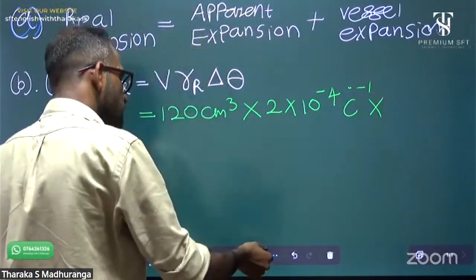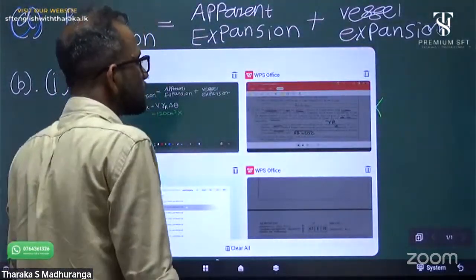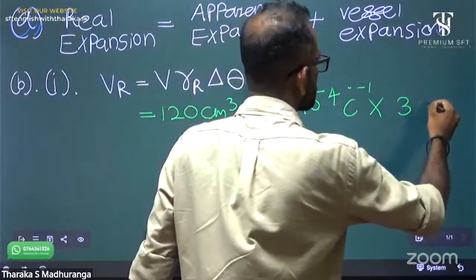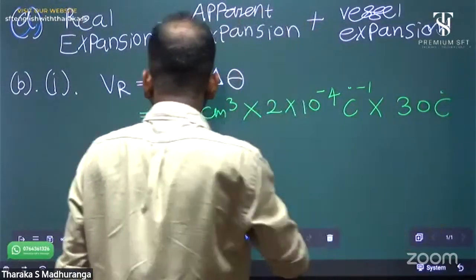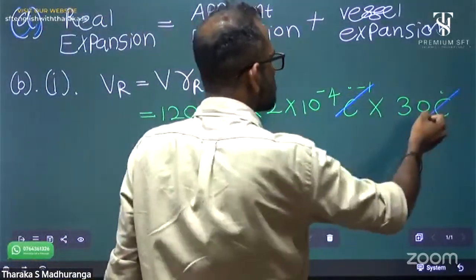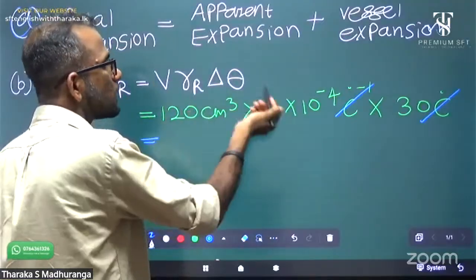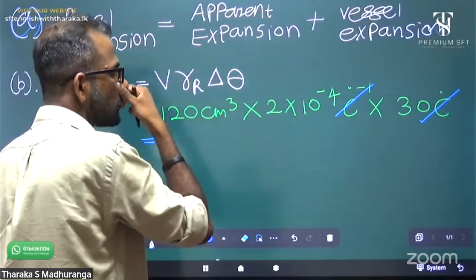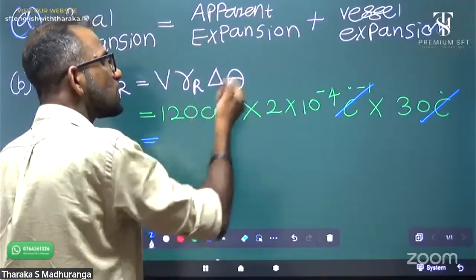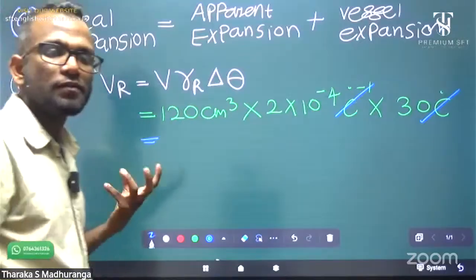Temperature increasing from 30 to 60, then the difference is 30 Celsius. Now per Celsius and Celsius cancel out. 120 into 2, it is 240. 240 into 30.